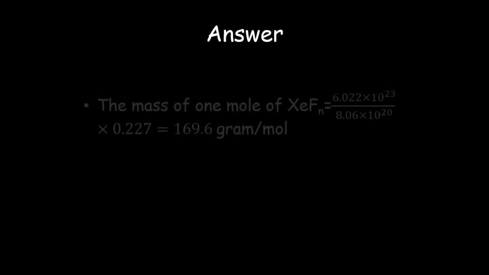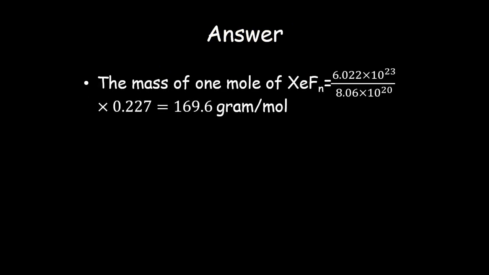The answer: the mass of 1 mole of xenon fluoride equals 6.022 times 10 power 23 divided by 8.06 times 10 power 20 times 0.227, which equals 169.6 gram per mole.